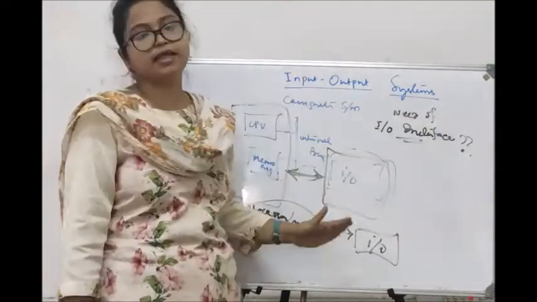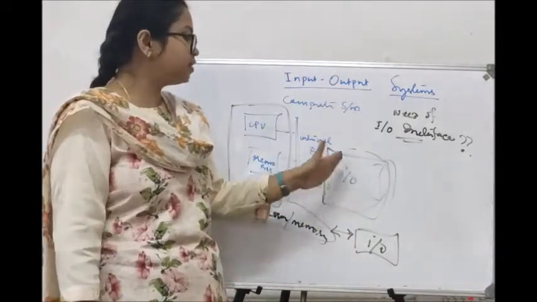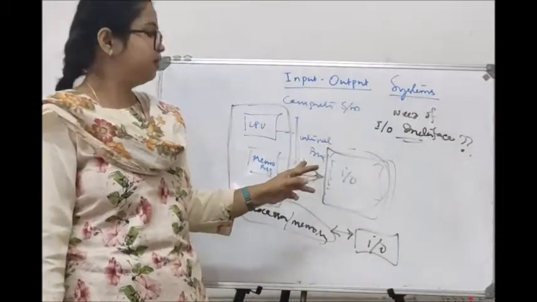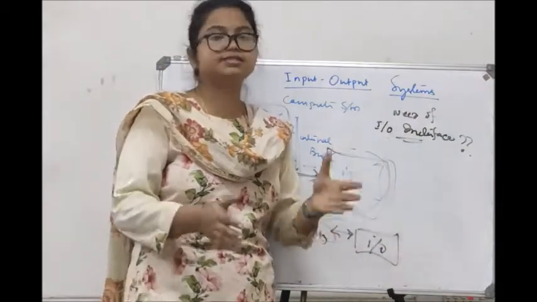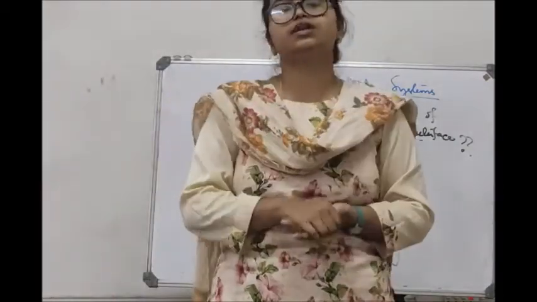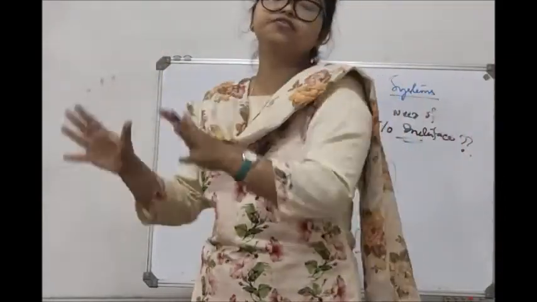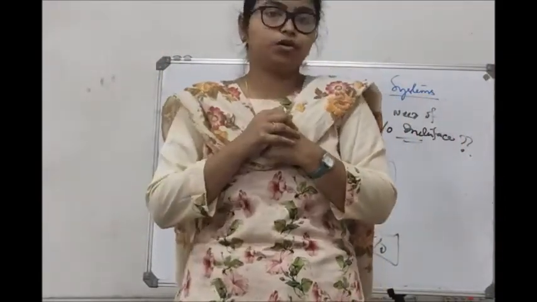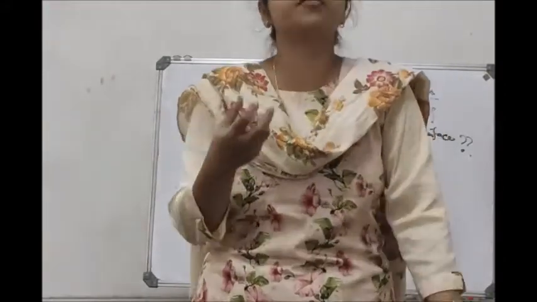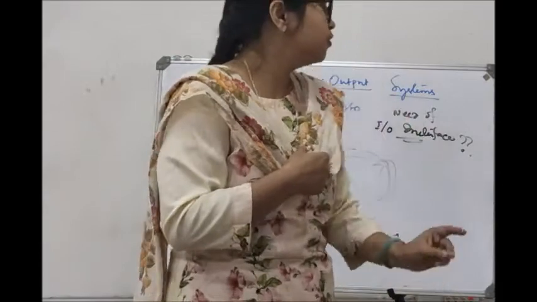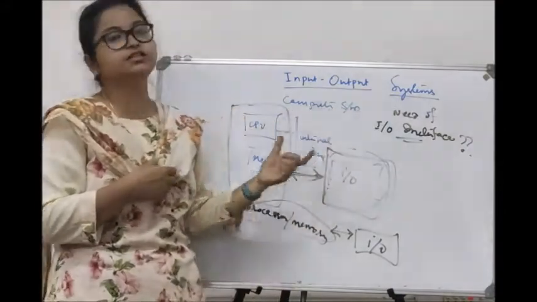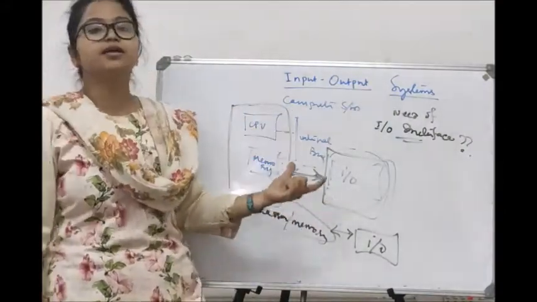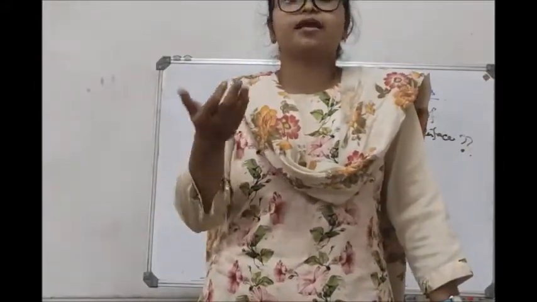So in order to facilitate communication between two mismatched entities, there is a need for an IO interface. This IO interface takes care of how communication will take place efficiently between the slow IO devices and the fast CPU, without losing the essence of a computing system. If these are directly connected, then the CPU will be mostly idle, because it is very fast and IO is very slow.